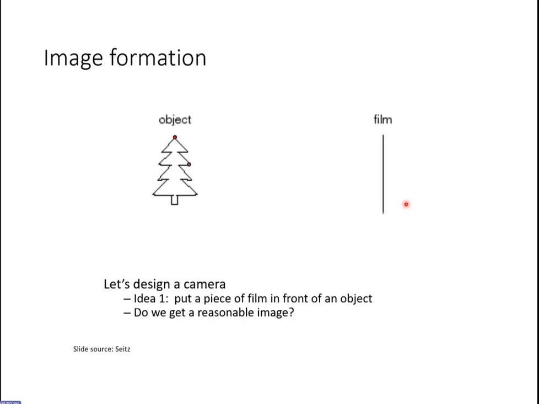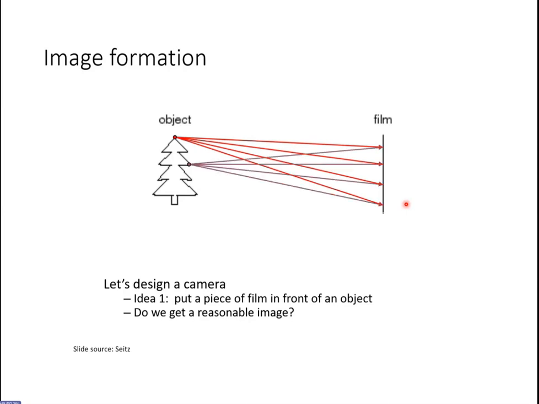If you have an object, in this case a tree, there are a lot of light beams emitted from the object to the film. In this case, your film will receive light beams from different points, so you cannot get a clear image.